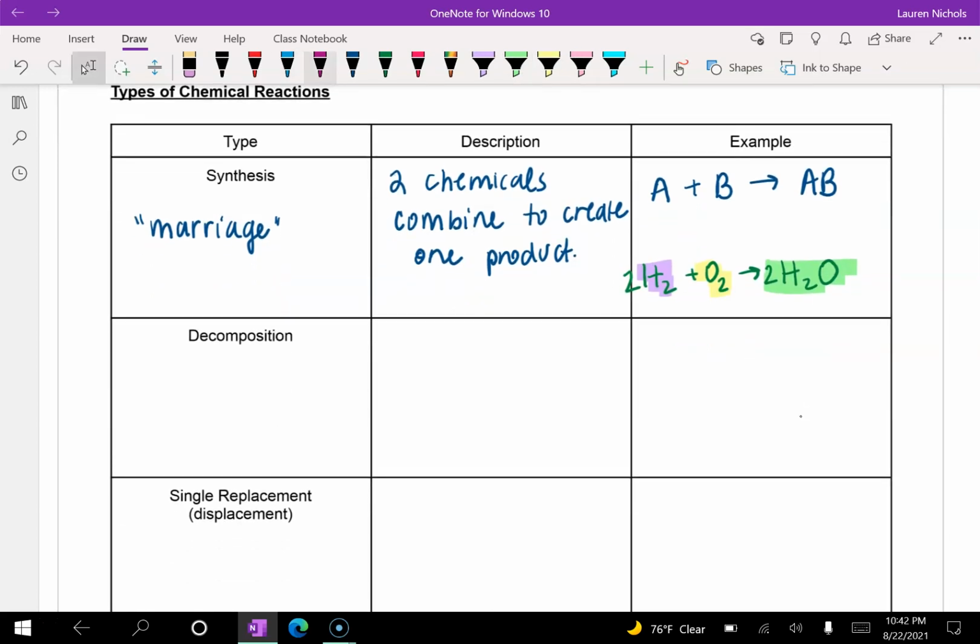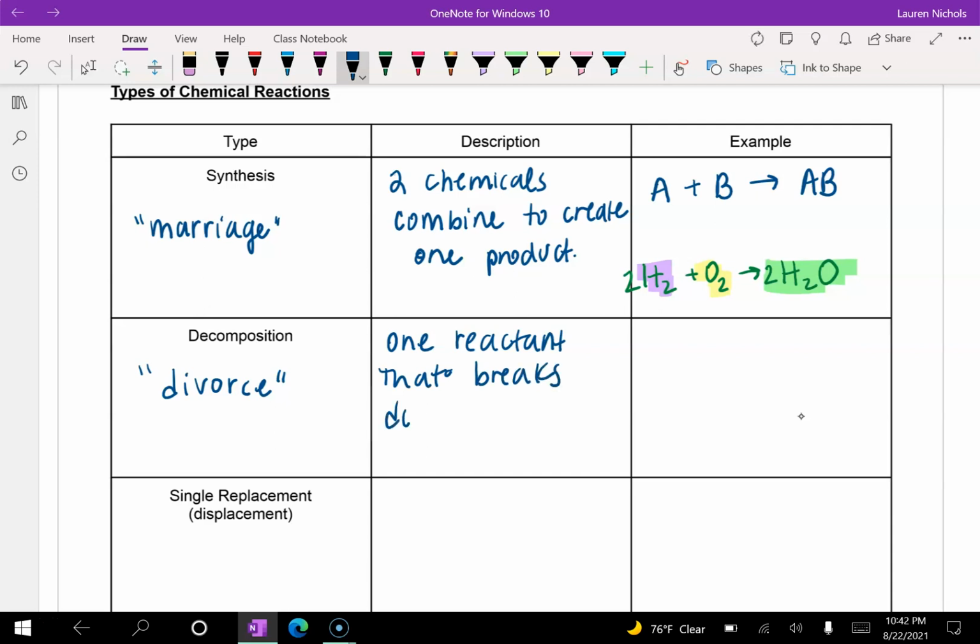Now, decomposition is the opposite of synthesis, and that means its nickname is the opposite of marriage. It's called a divorce. This is when you have one reactant or one chemical that breaks down into two. When we talk about decomposition, it means to break down, so two products.